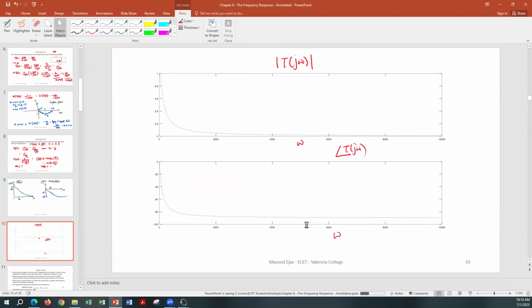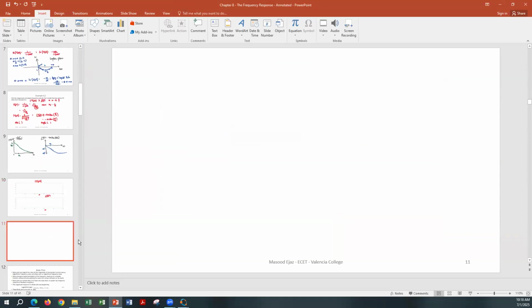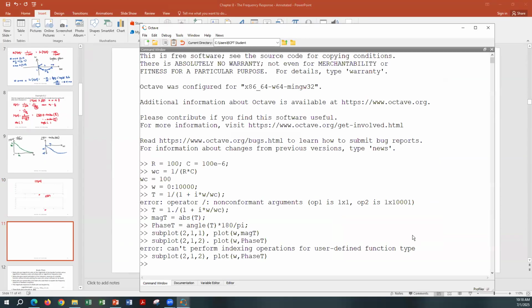All right, so let's insert another slide. Anytime you are plotting, I would say 99% of the time when you're plotting frequency response, you take the x-axis in the logarithmic scale. In MATLAB, anybody remember what we use? Semilog x. So we do semilogx instead of plot. Let's go, and instead of doing plot, let's do semilogx.